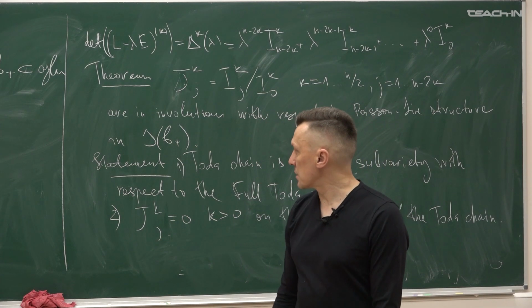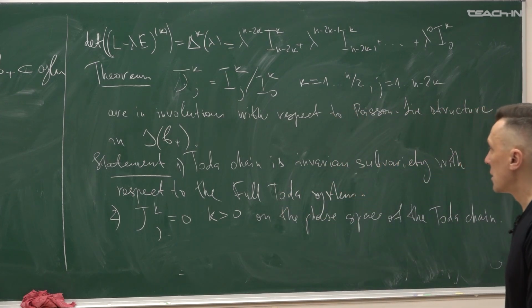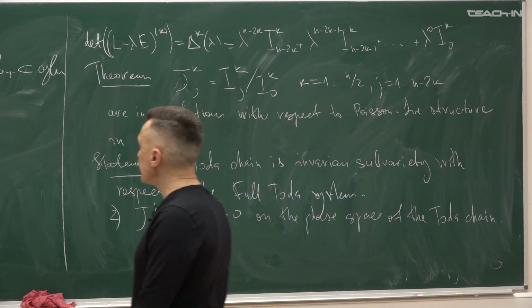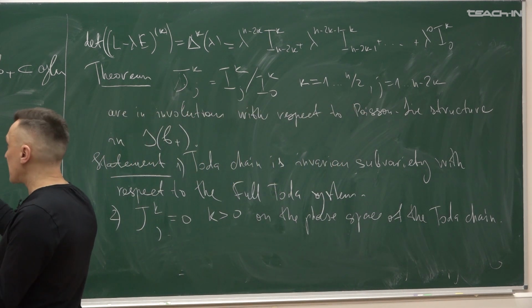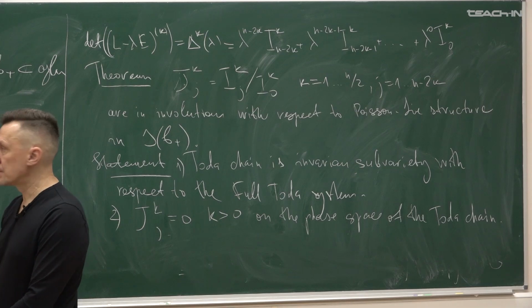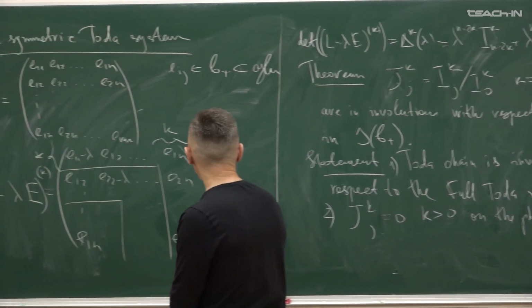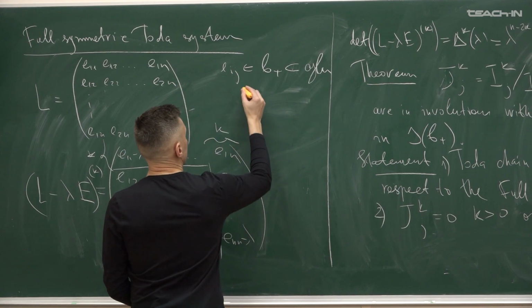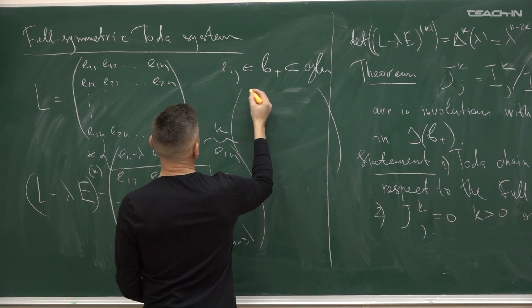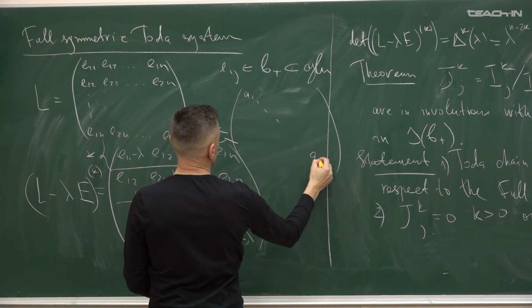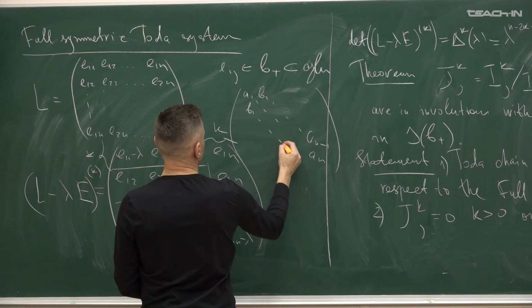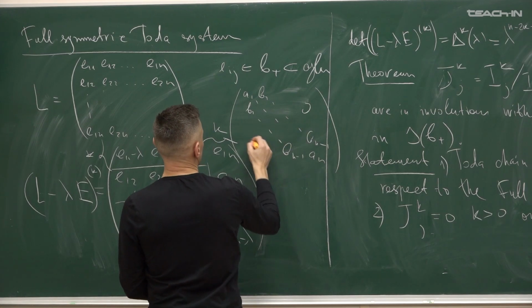So let us calculate these functions when the matrix is tridiagonal. Let our matrix be tridiagonal: with b1, ..., b_{n-1} above and below the diagonal, and zeros elsewhere.